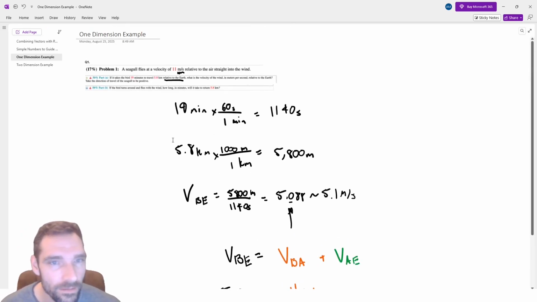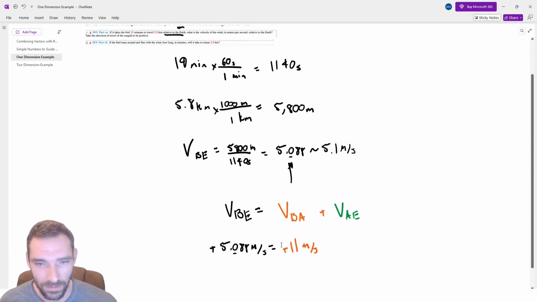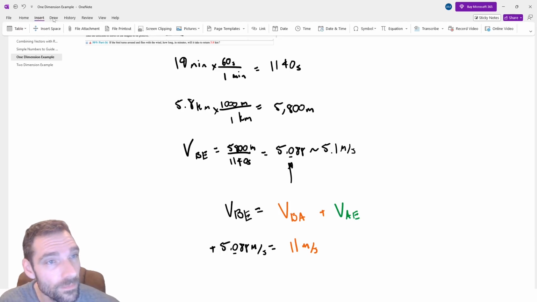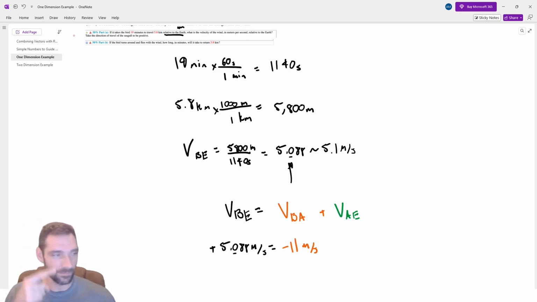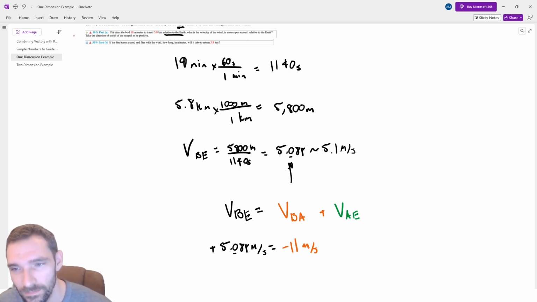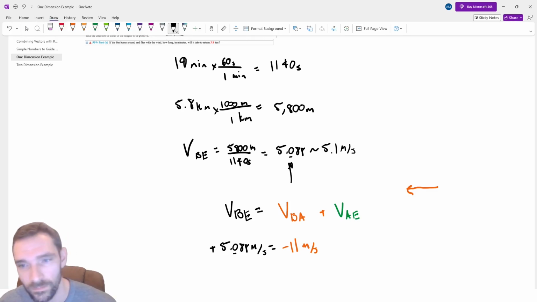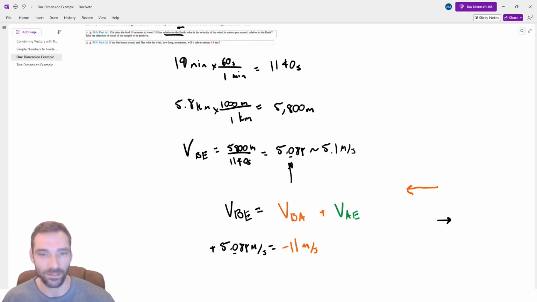And they're going actually straight into the wind here. So if the wind's going one way, they're going the other way. So maybe the wind is actually going the opposite direction here. In this case, the wind is going one way, and their final speed is going the other way, but not that much the other way.